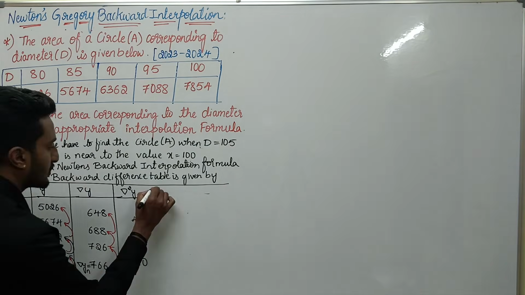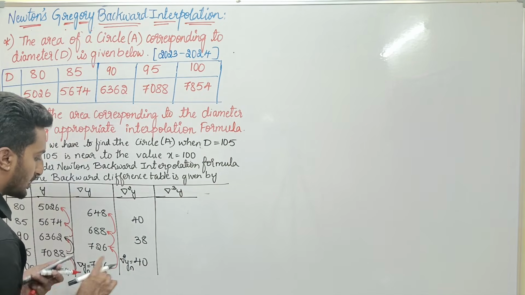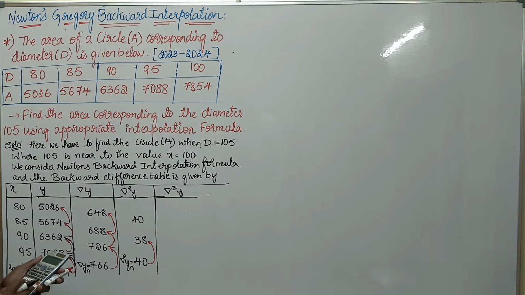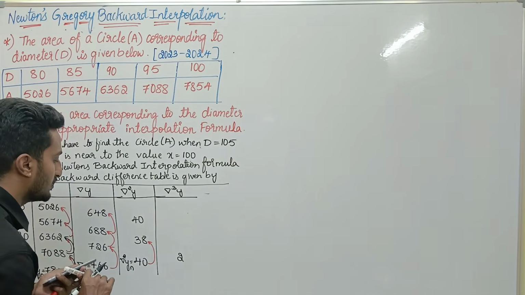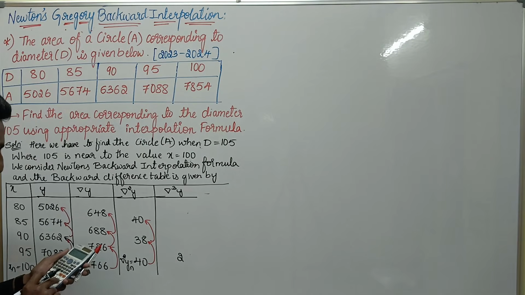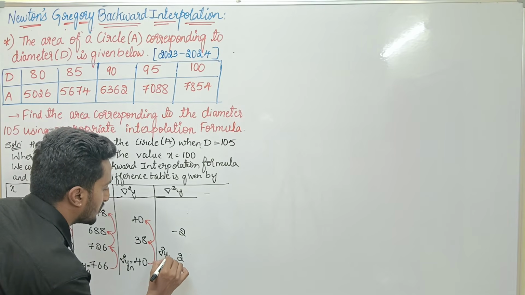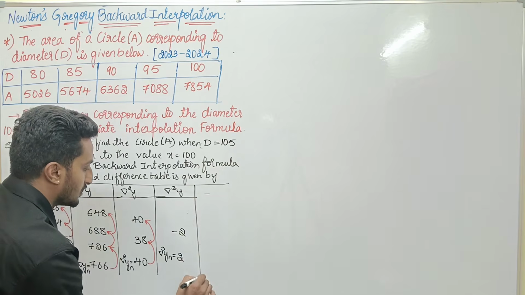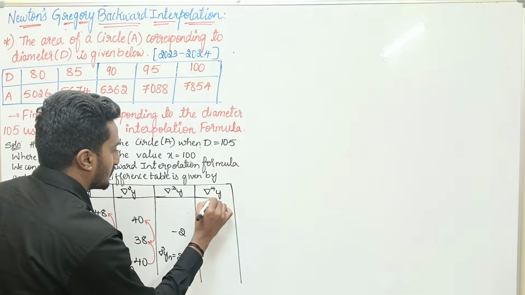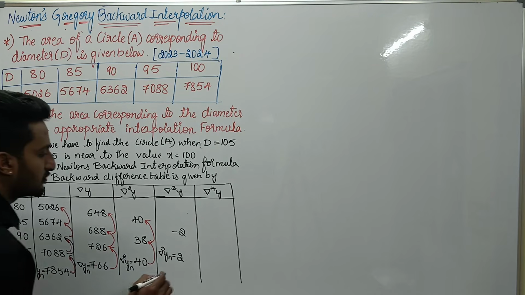The next we have backward cube y. So I consider 40 minus 38, you get 2. Next we have 38 minus 40, you get minus 2. This I represent as backward cube yn. The last, backward power 4 of y, where 2 minus of minus 2, you get 4.